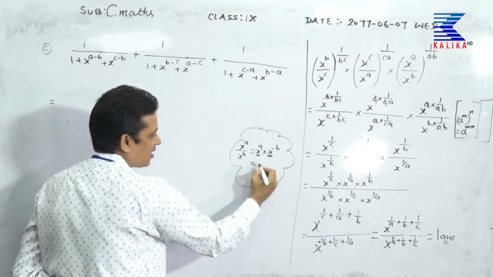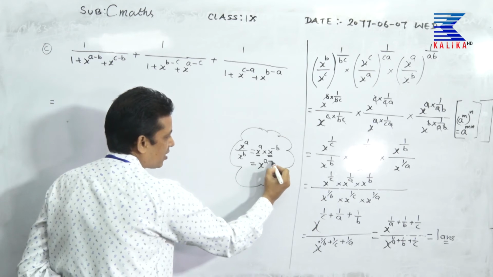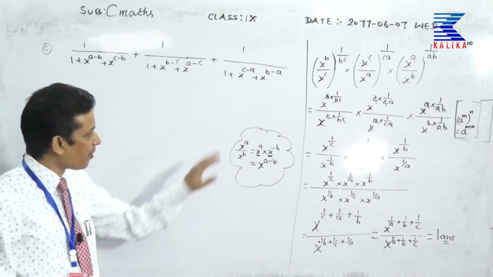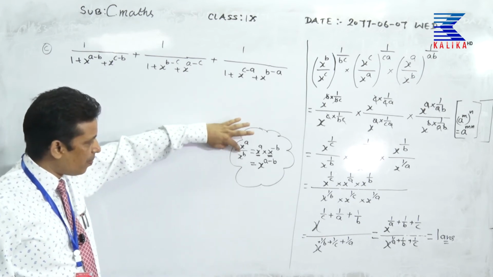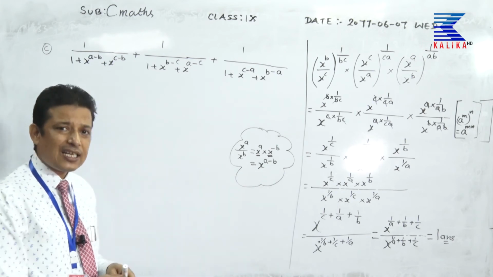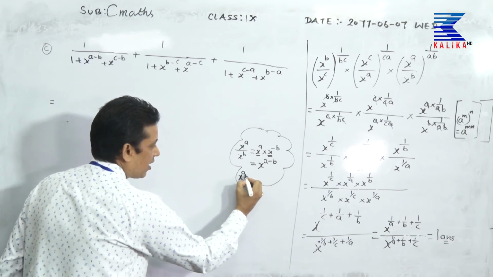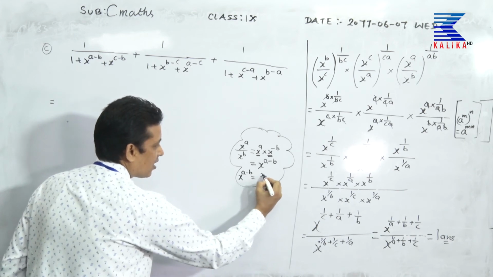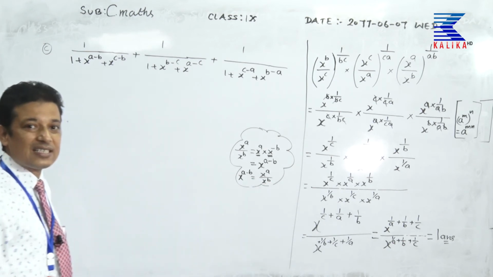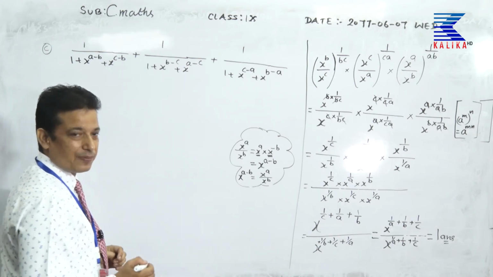As bases are the same, we write a single base and add the powers, and it becomes a minus b. So finally, x to the power a over x to the power b is equal to x to the power a minus b. It means, going in reverse, you can conclude that x to the power a minus b is the same as x to the power a over x to the power b. This is the major fact that we are going to use here in the first step.